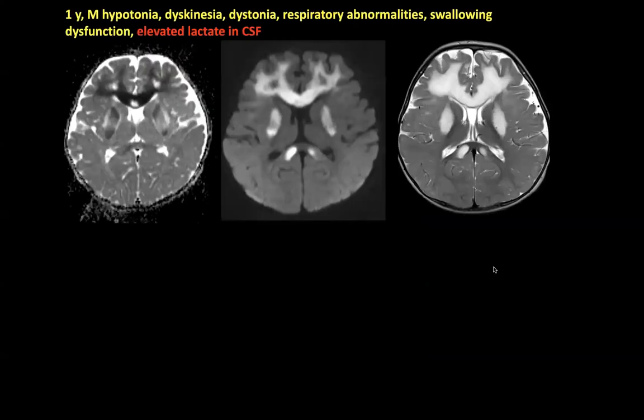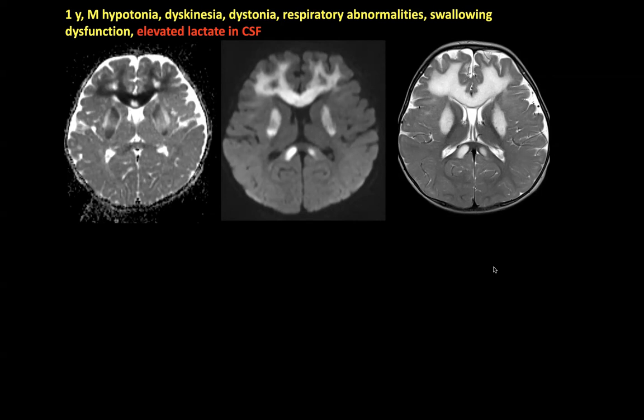Starting with pattern, let me show you this. That is a case of basically a leukodystrophy, with bilateral symmetrical abnormalities in the white matter, but not only. The first part of this lecture was about leukodystrophy, so this is part of the leukodystrophy spectrum. But look at the appearances in this case.